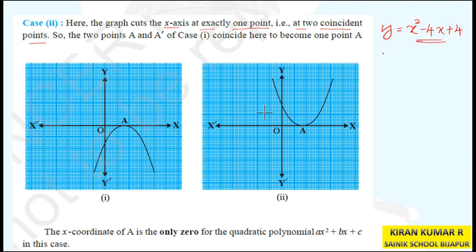This is nothing but (x - 2)², isn't it? Yes. So it can be written as (x - 2)(x - 2) = 0. Values of x are 2 and 2. Here both the zeros have the same value. So the point A and the point A dash coincide. Here also point A and A dash coincide.